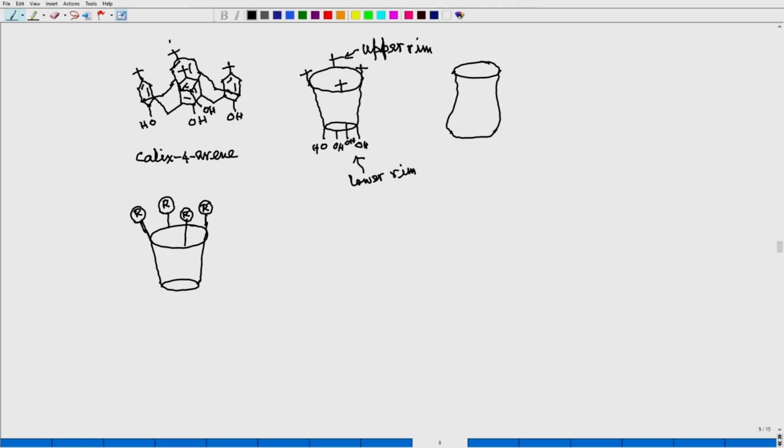So, now it can exist like this, a complete cone, and after that it can be like this, can be like this.